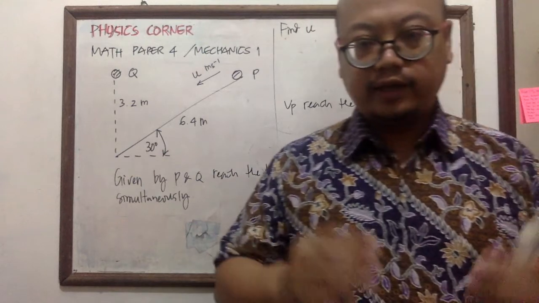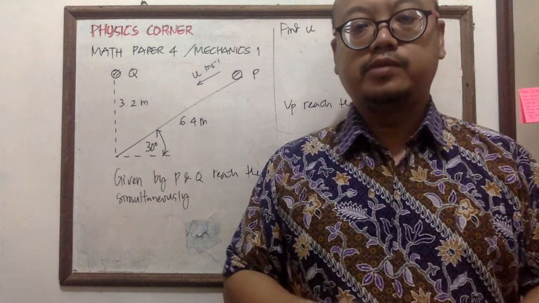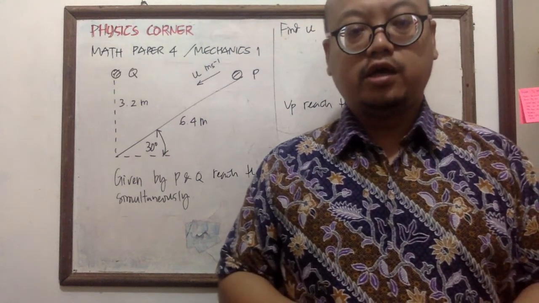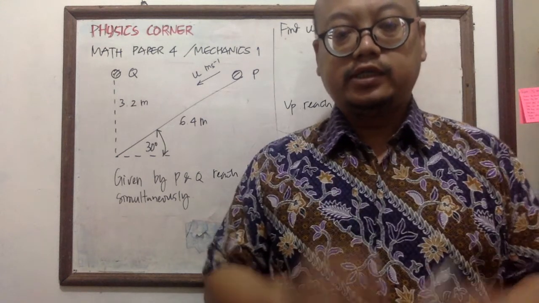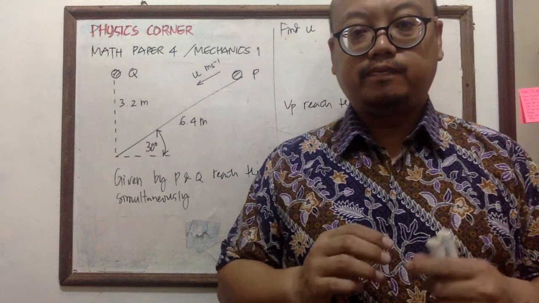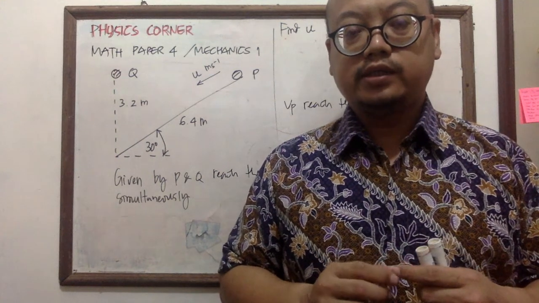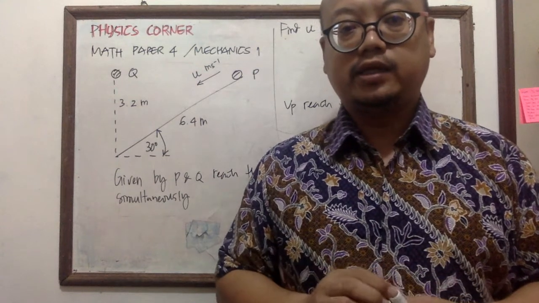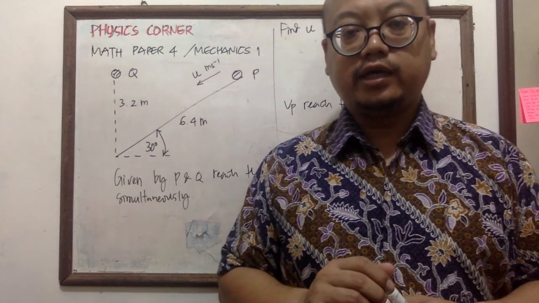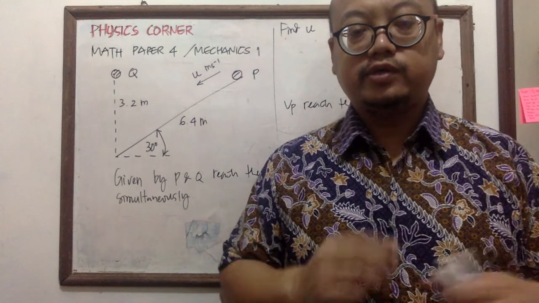Welcome back to some videos for problem solving in physics, and also in mathematics, but in paper 4. Today we have mechanics 1. This is actually paper 4 of mathematics. We have one question that we try to solve.